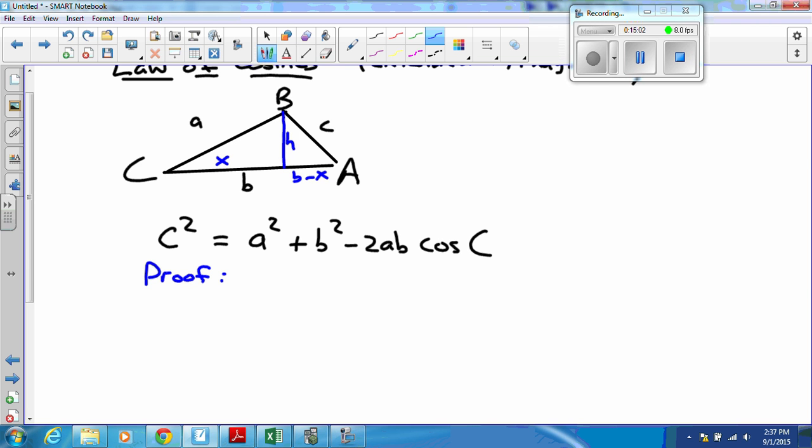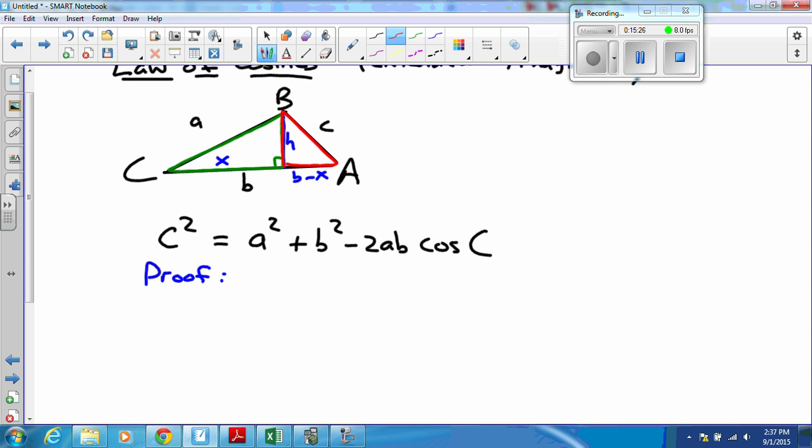Take just a moment to think about that. H divides b into two quantities, x and b minus x. And now we're going to apply the Pythagorean theorem to the two right triangles that were created by the perpendicular, here and here.